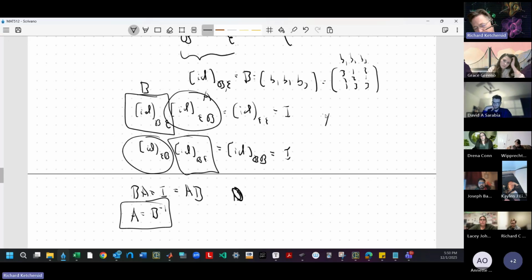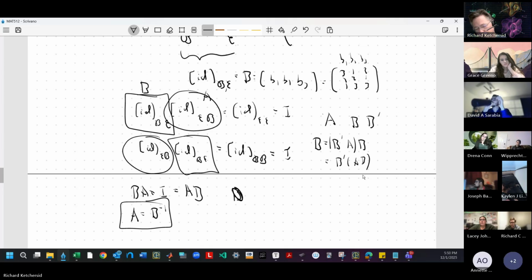Suppose I have A and two potential inverses, B and B prime. Then B equals B prime A B, because that's just the identity, and using associativity, this side is just the identity, and so this is just B prime. So B equals B prime.